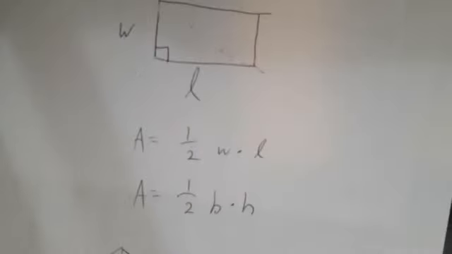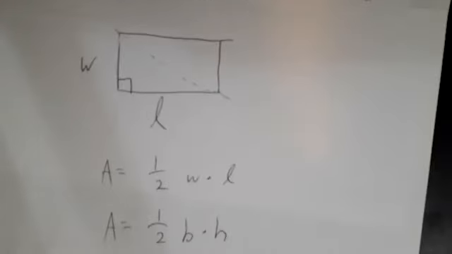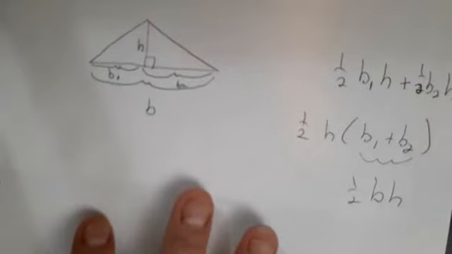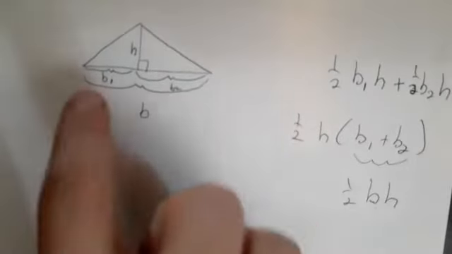And so essentially a right triangle is like cutting a rectangle in half. And if we don't have a right triangle, we're creating right triangles. And when we add the area of these right triangles together, they're going to be the same half base height. And so that's a little bit behind where the area of a triangle is coming from.